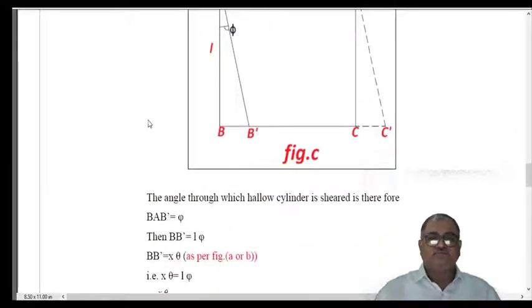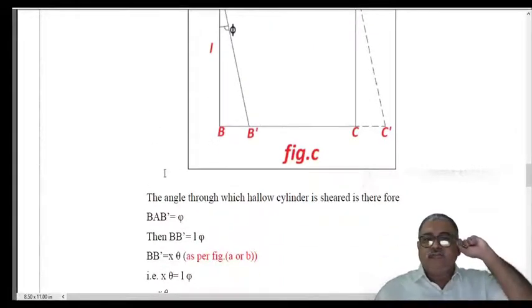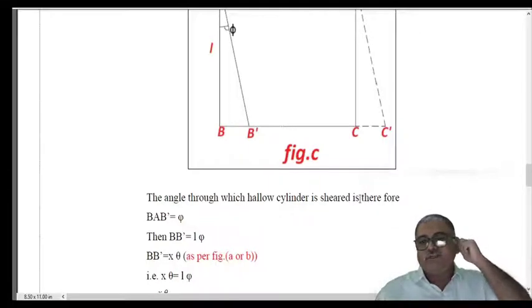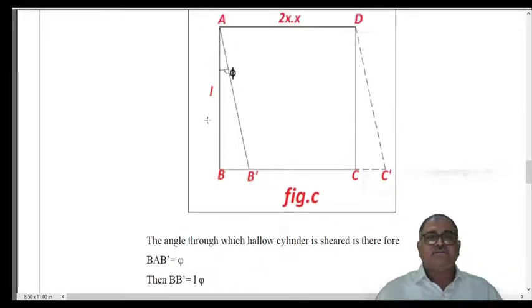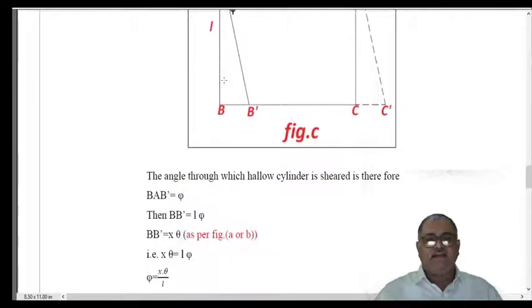Now here the angle through which the hollow cylinder is sheared is therefore BAB dash. This is angle phi. Then BB dash is nothing but L into phi.